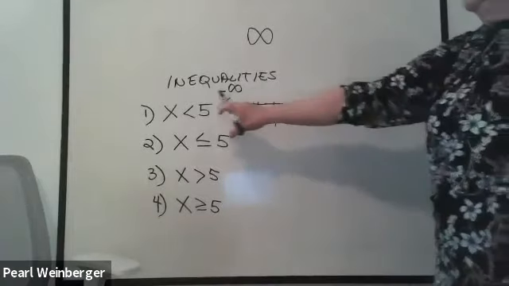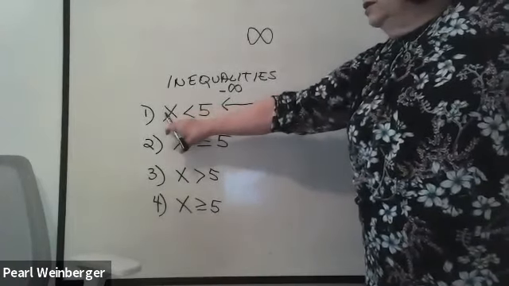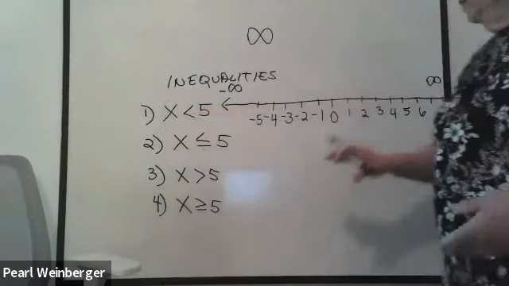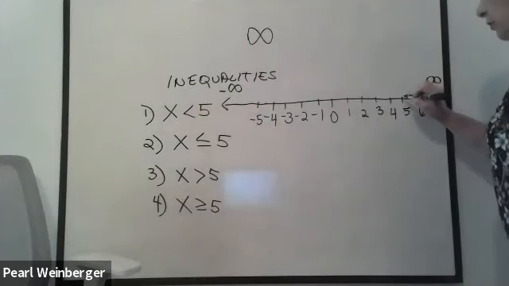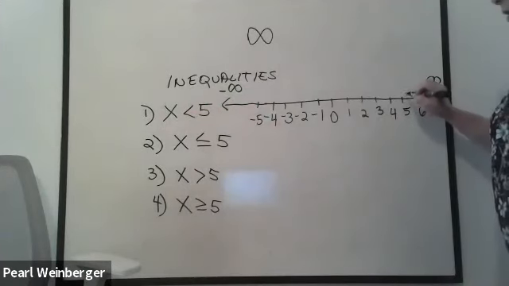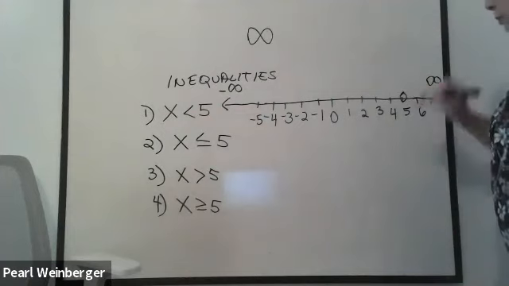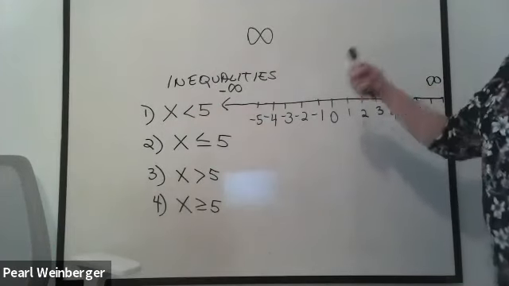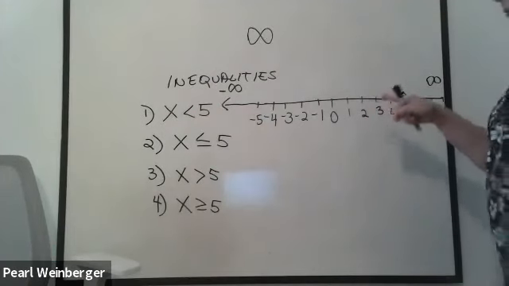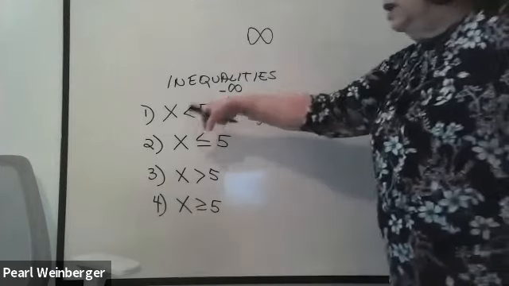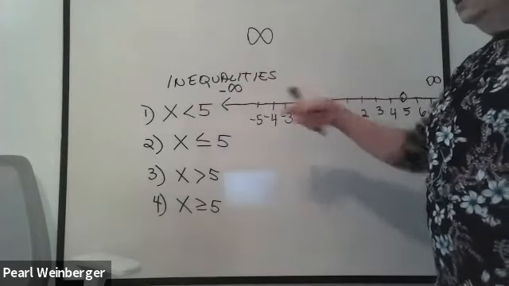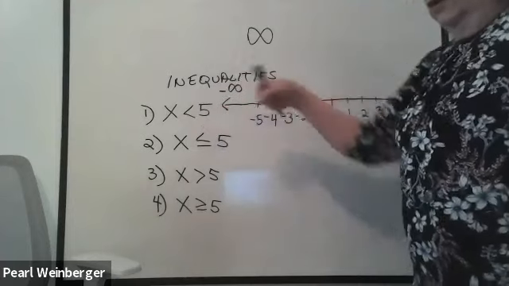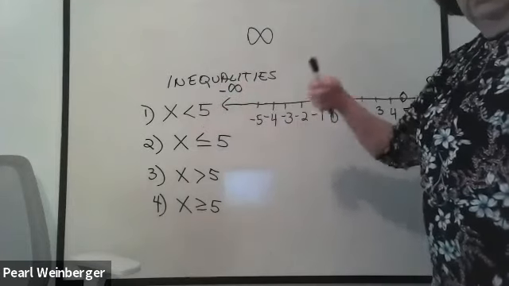So let's talk about what it means that X is less than 5. Well, here's the number 5. I'm going to put a circle right at the number 5. And notice I'm not even filling in that circle, because to say X is less than 5 doesn't include the 5. 5 is not less than 5.